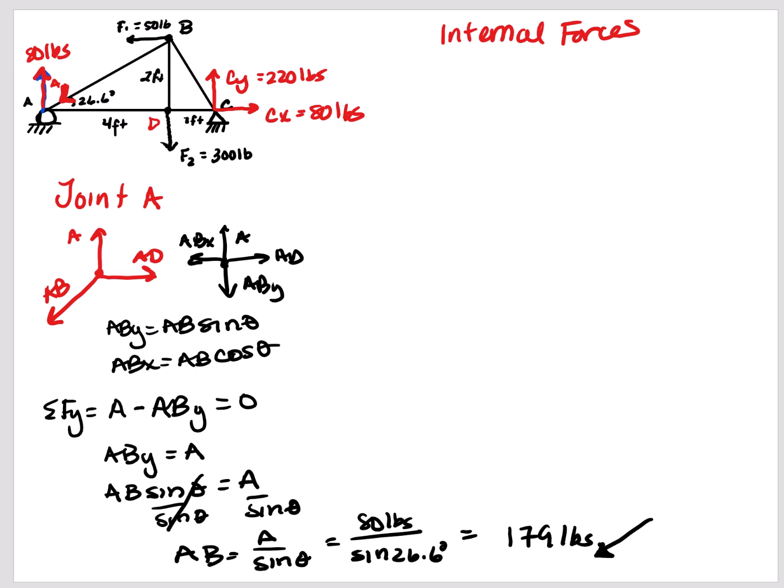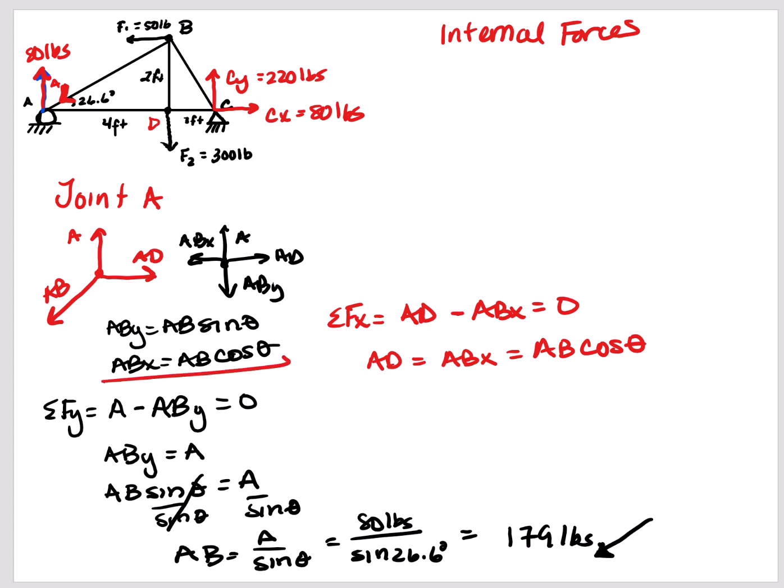And we're going to repeat the procedure for sum of Fx. So sum of Fx is going to be AD going to the right minus ABX because it's going in the opposite direction. So AD is equal to ABX, and we know ABX is what? AB cosine theta from here.